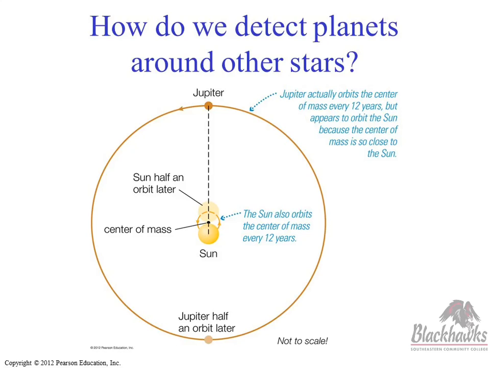So if you were associated with a planet orbiting another star, and you were to look at our star, you would see it kind of move, and you could infer that it's moving for some reason, and the reason is it's got a large planet around it. So that's pretty cool.